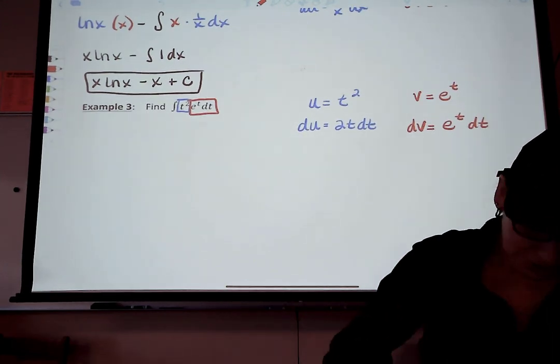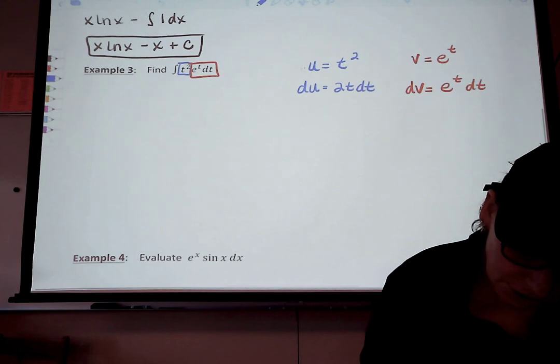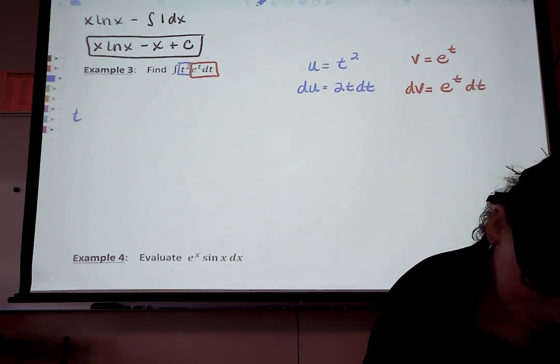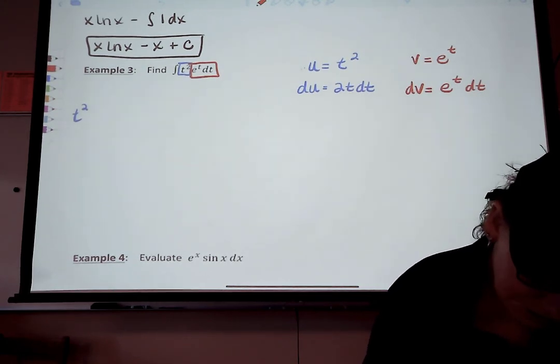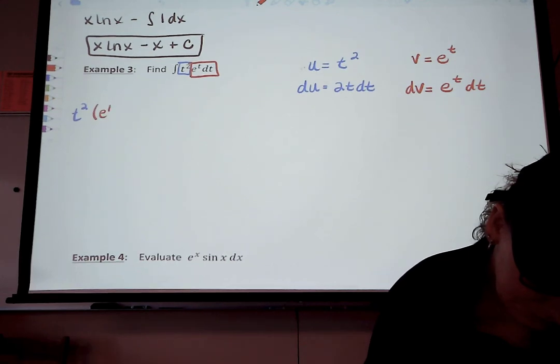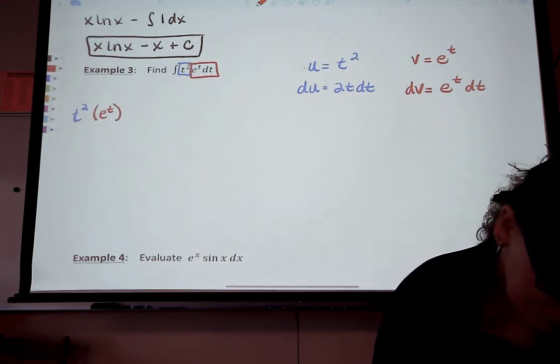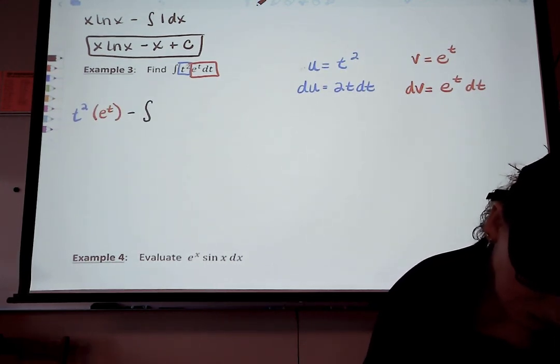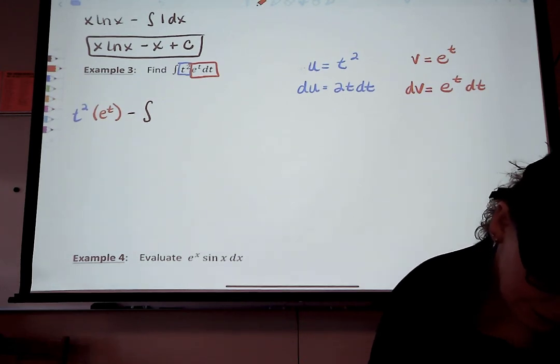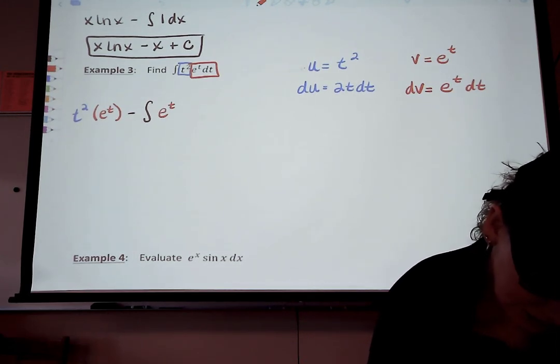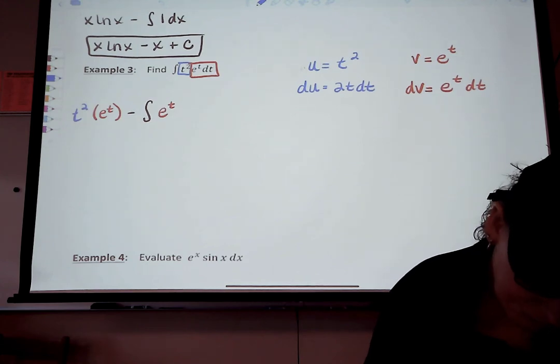Okay, here we go. U times v minus the integral of v du.